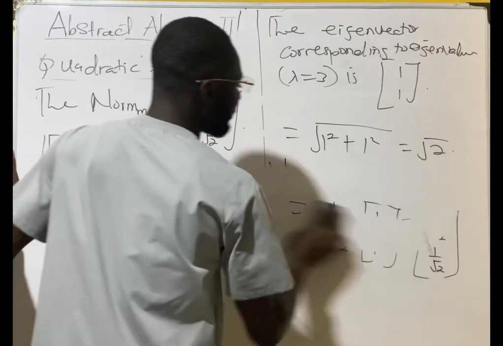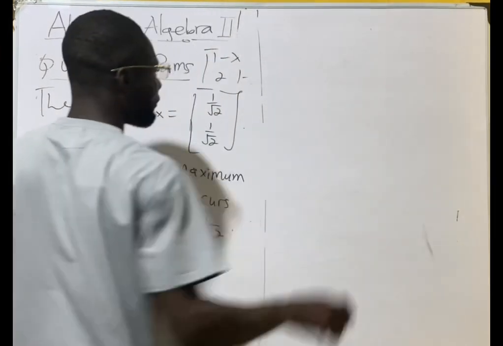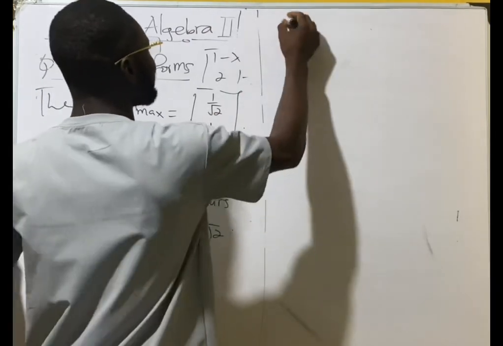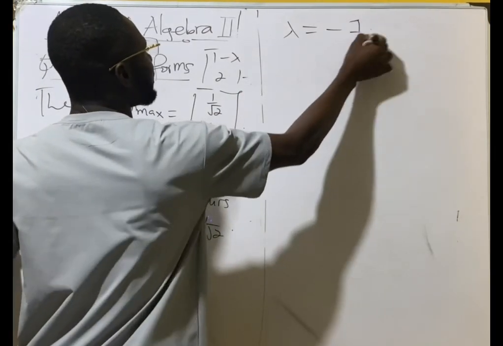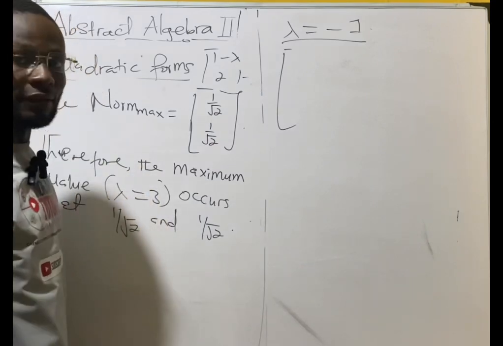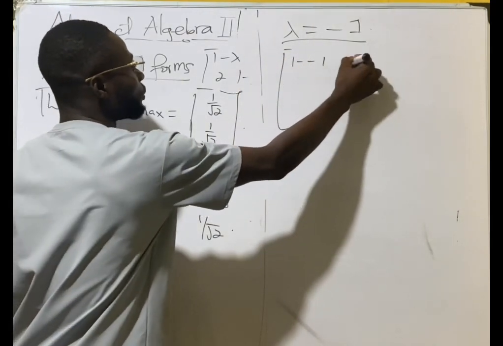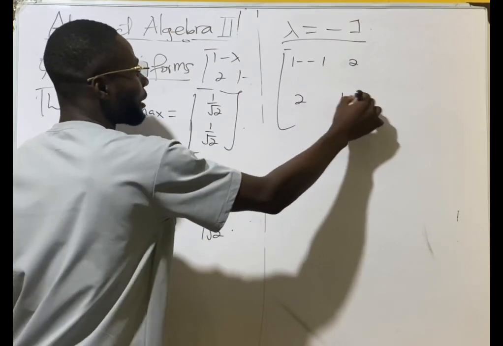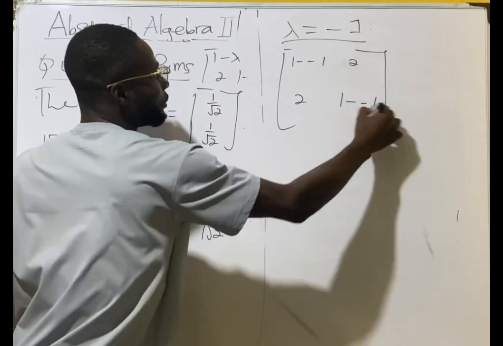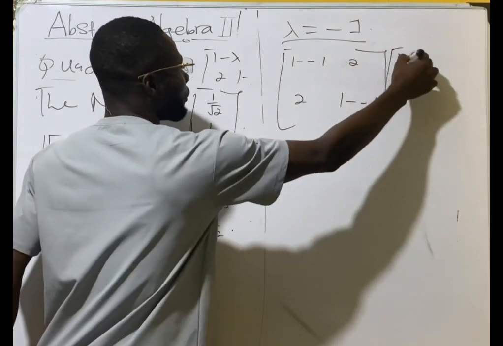So for lambda equals -1, our matrix, right? We're going to have 1 minus minus 1, 2, 2, 1 minus minus 1. So we're going to have this multiplied by some unknowns.